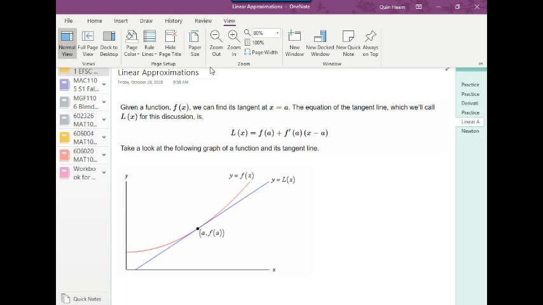Write the equation of the line that represents a linear approximation to the following function at the given point A. Then use the linear approximation to estimate the given quantity and compute the percent error in the approximation, which is 100 times approximation minus exact over exact, where the exact value is given by a calculator.